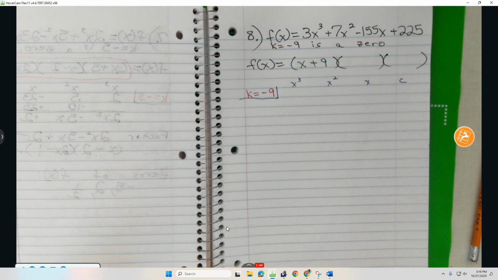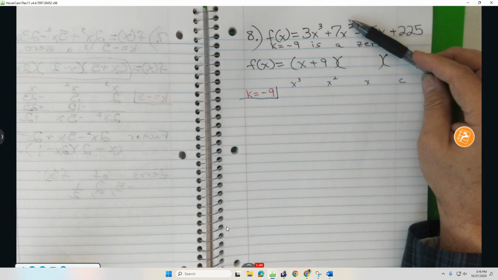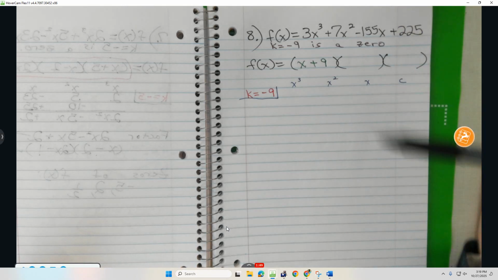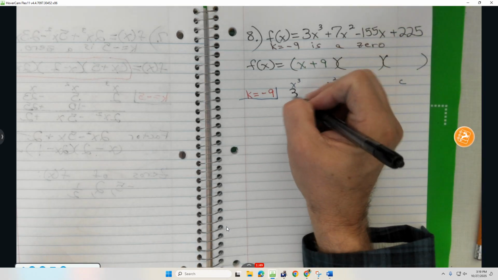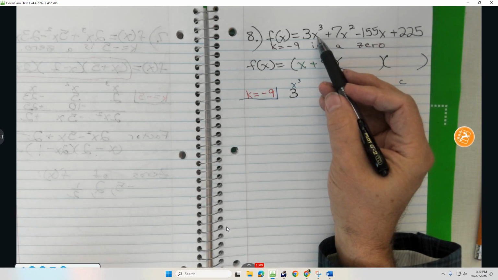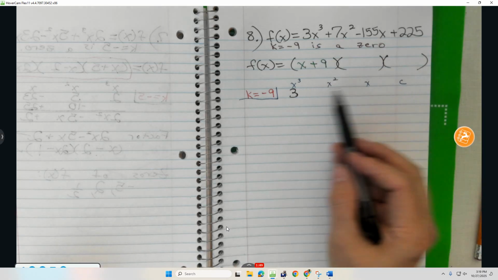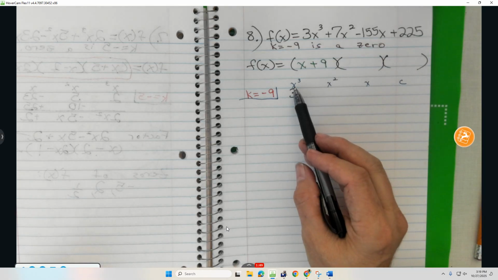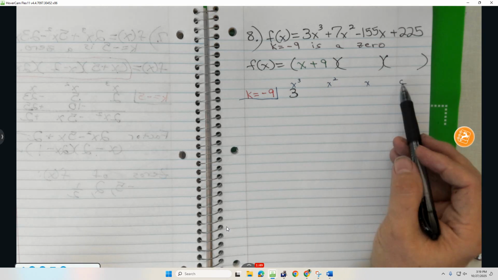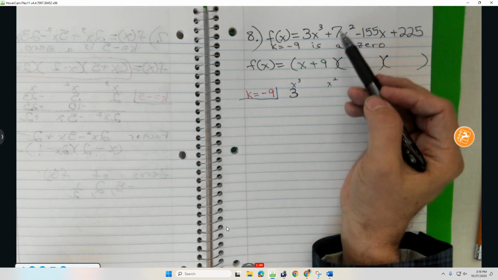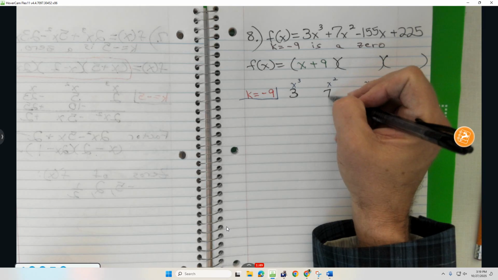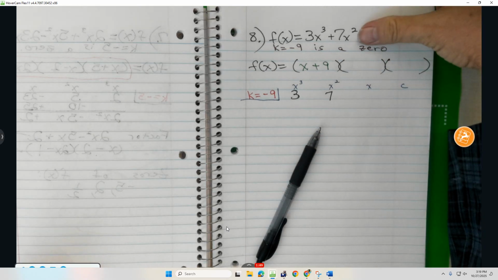Now, this hasn't happened, but suppose there hadn't been an x term. We have a 3 for x cubed, and whatever the largest power is, you can't skip powers. Once you start at x cubed, you have to have x squared, x, and a constant. So that would be a 7. Suppose it skipped this x term.